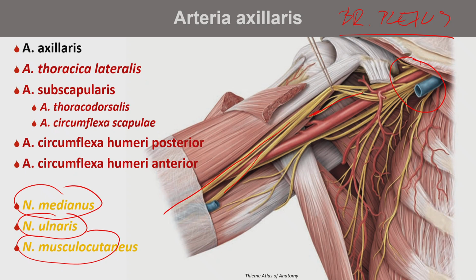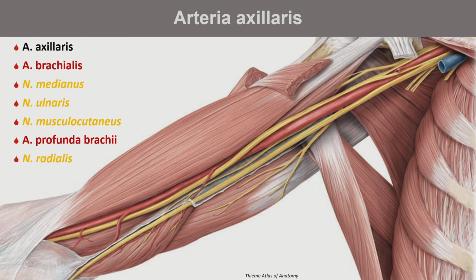And the last one, which is not seen here, is the radial nerve. The radial nerve is hidden and dorsally localized and going along one artery, which is called arteria profunda brachii, so deep brachial artery.